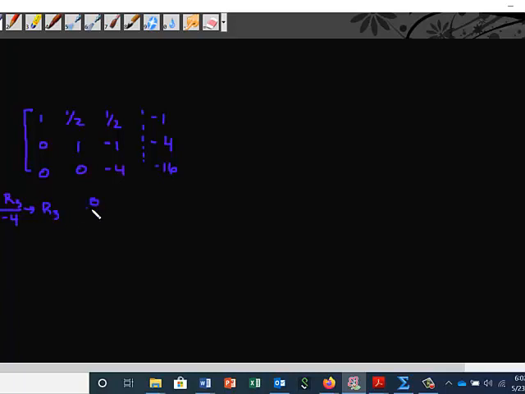So that's going to be 0 over negative 4, 0 over negative 4, negative 4 over negative 4, and then negative 16 over negative 4.